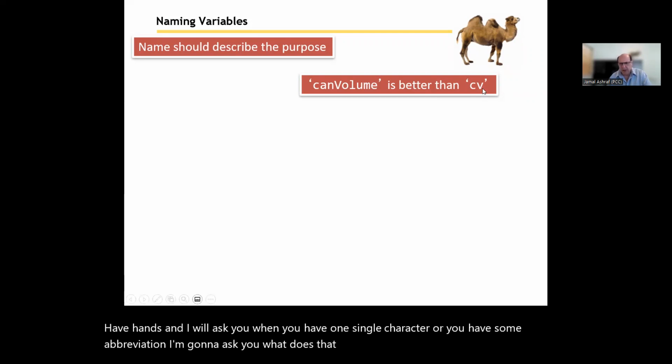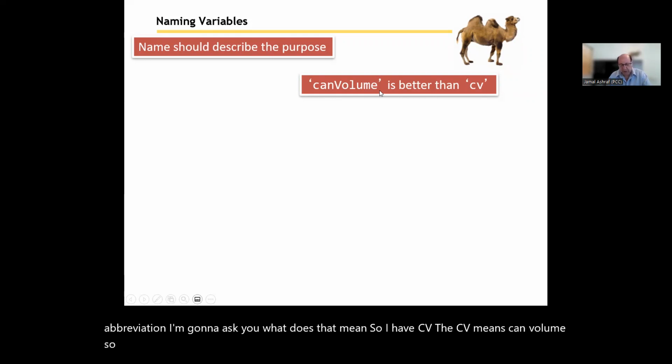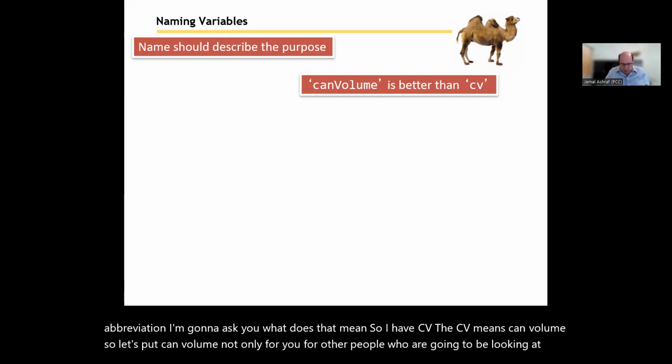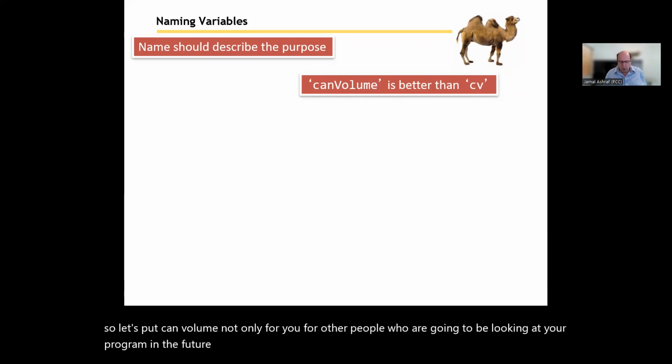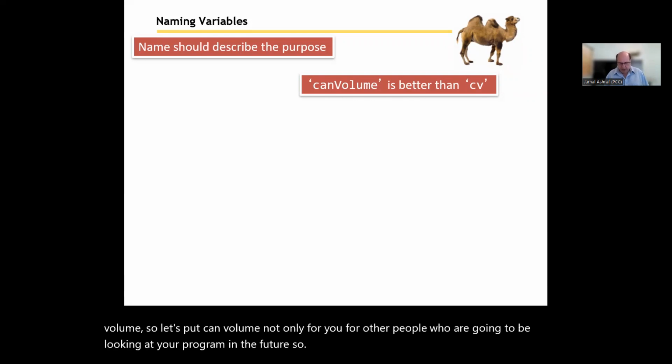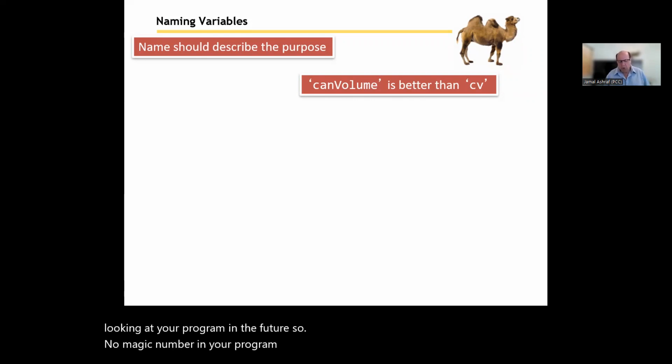So I have CV. The CV means can volume. So let's put can volume, not only for you, but for other people who are going to be looking at your program in the future. So no magic numbers in your program and no abbreviated names for your variables.